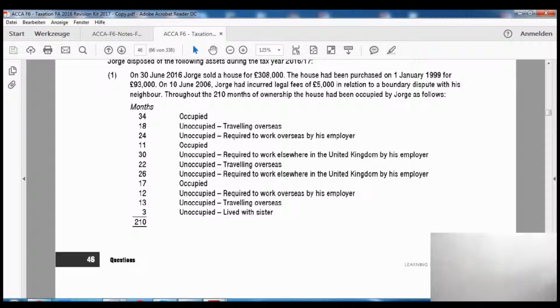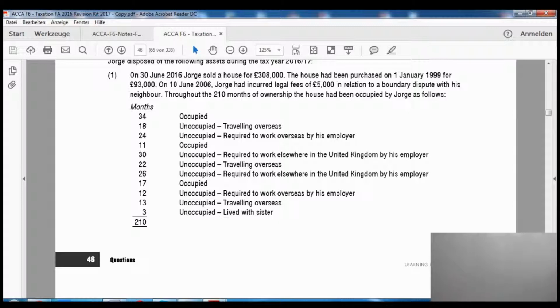Although it is preceded by actual occupation, after that there is no actual occupation. It is unoccupied, traveling overseas, and unoccupied, living with sister, which means it is preceded by actual occupation but is not followed by actual occupation, which means these months will be chargeable. These months won't be allowed for normal purposes, right?